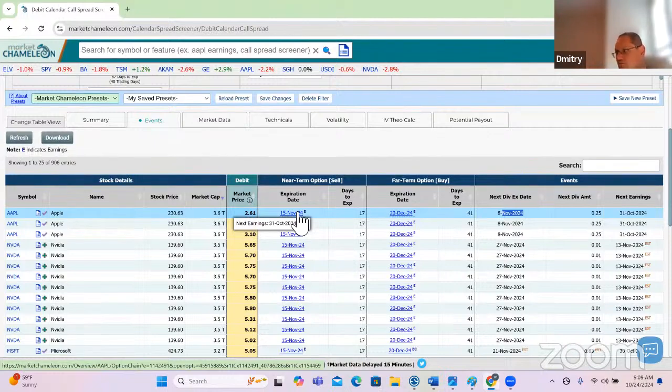So when stocks have paid dividends, and if you are trading an option that's American style, you have European and American style. American style has early exercise, which means you could exercise that option and convert it to stock before expiration.